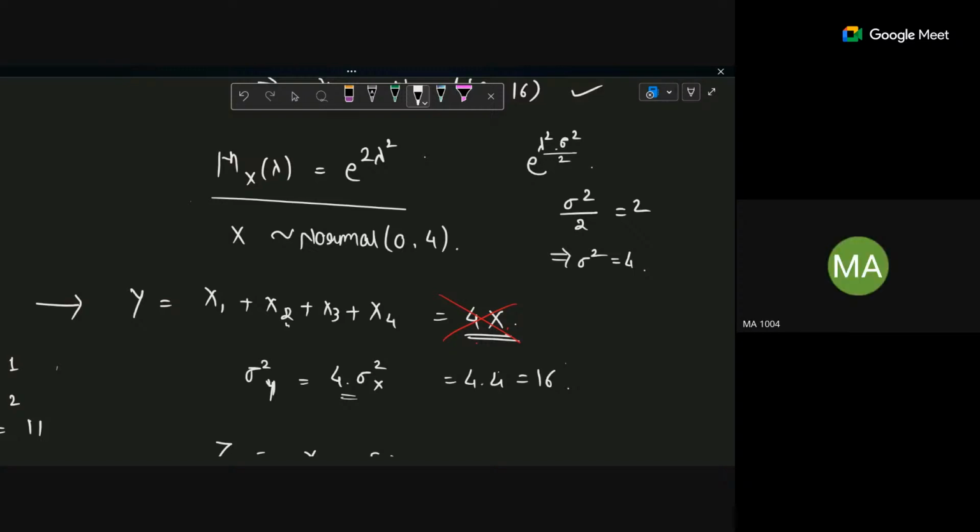CLT will give you the probability of how far your sample mean is from your actual mean. Here we are dealing with the PDF of a function, so there is no need. Okay, ma'am, thank you.